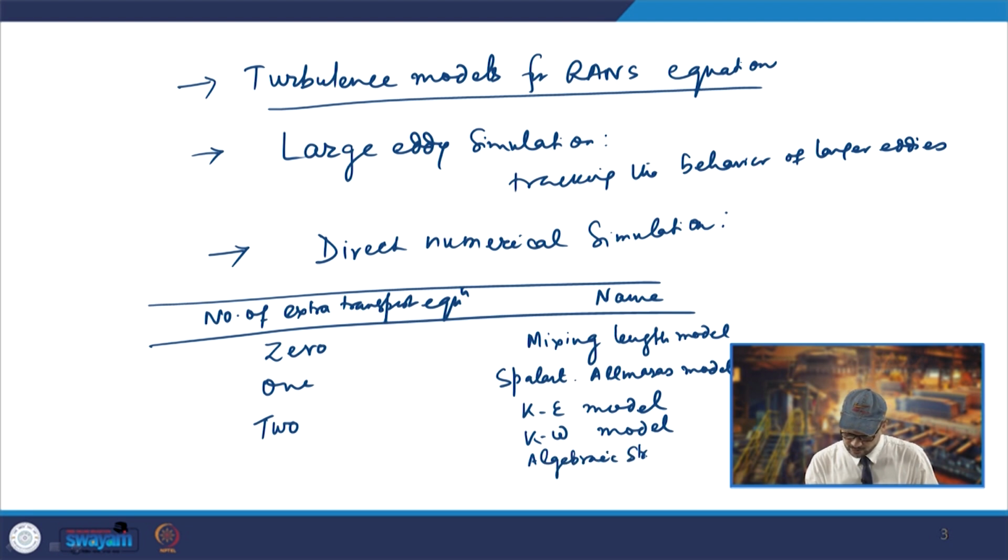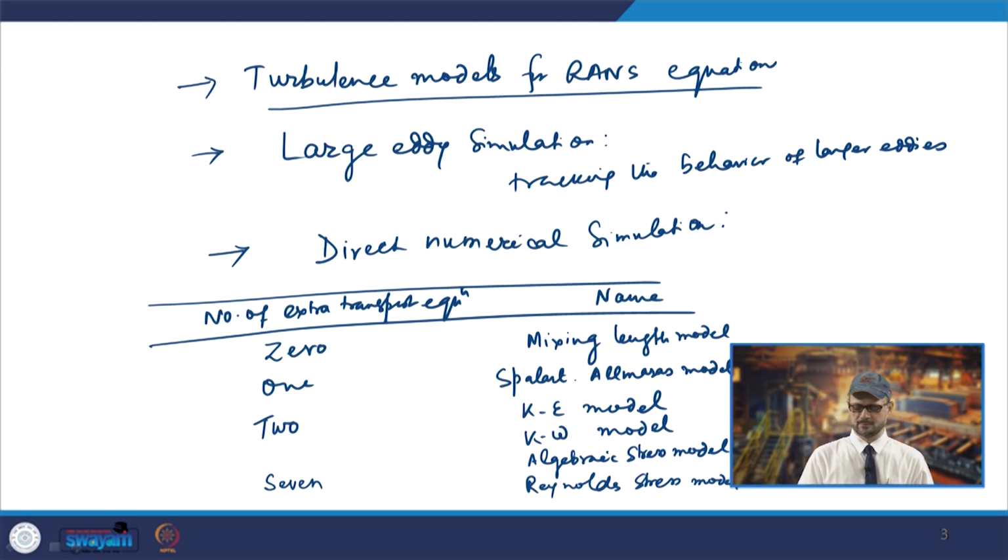In these models you solve two extra equations, and then from there you try to find the value of these additional stresses which we need to compute when we are solving the turbulence equations. Similarly, you will have 7 equations when you are using the Reynolds stress model.